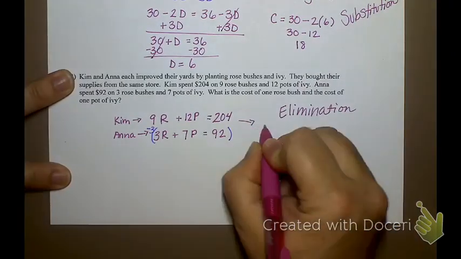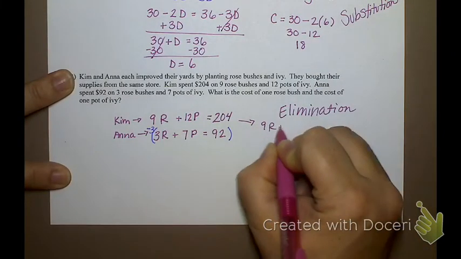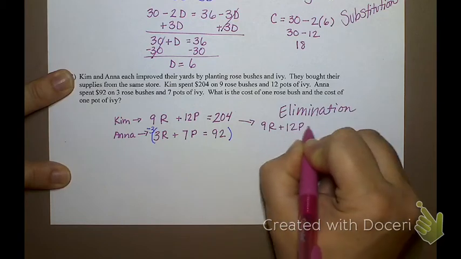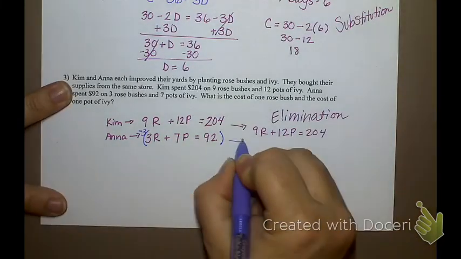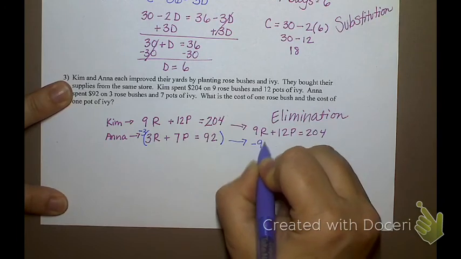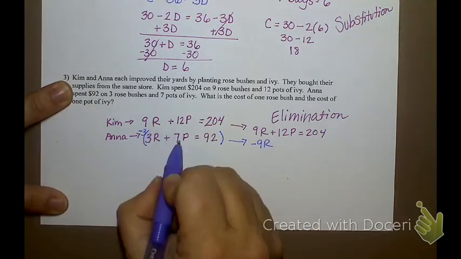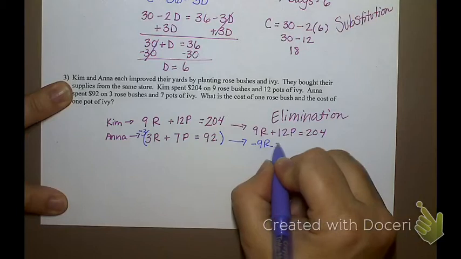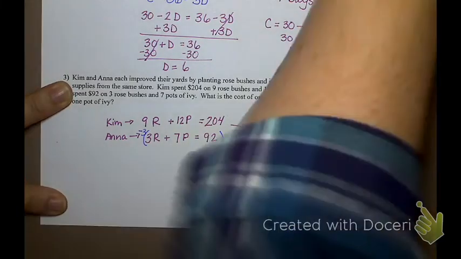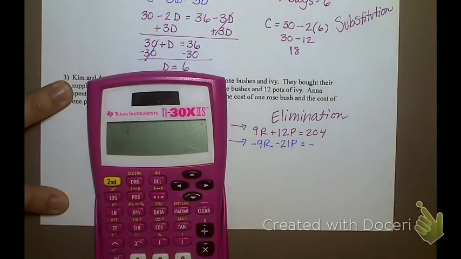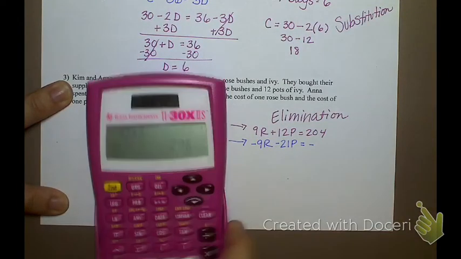So the first equation is going to stay the same. This one's going to stay 9R plus 12P equals 204. This one is going to become -9R, minus 21P equals negative, what? What's 92 times 3? 276.